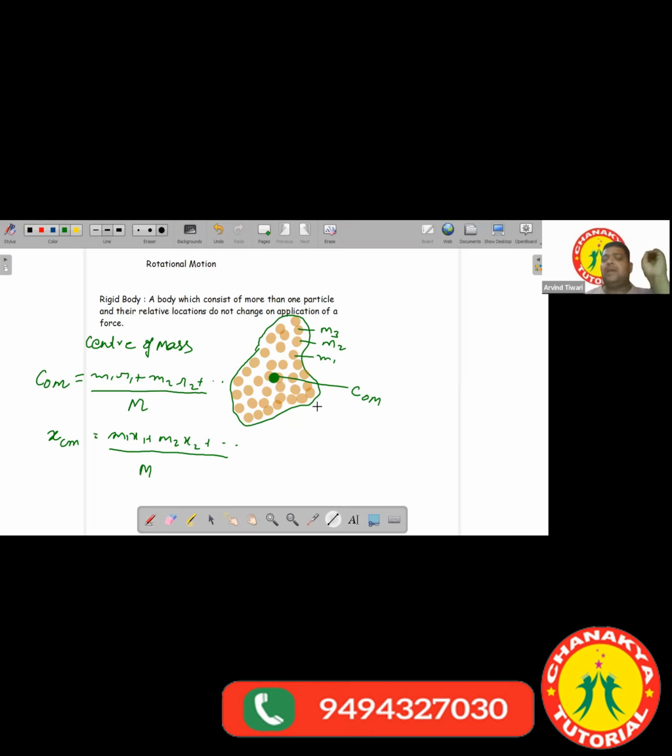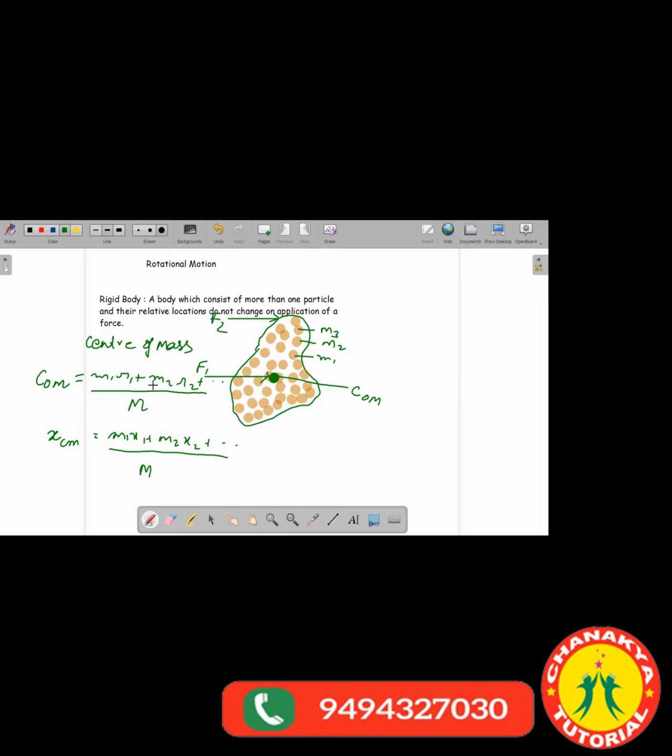If you apply a force on the center of mass, in this line towards the center of mass, and another force over here, do you think the two forces will create the same impact? This is the force F2, this is the force F1.